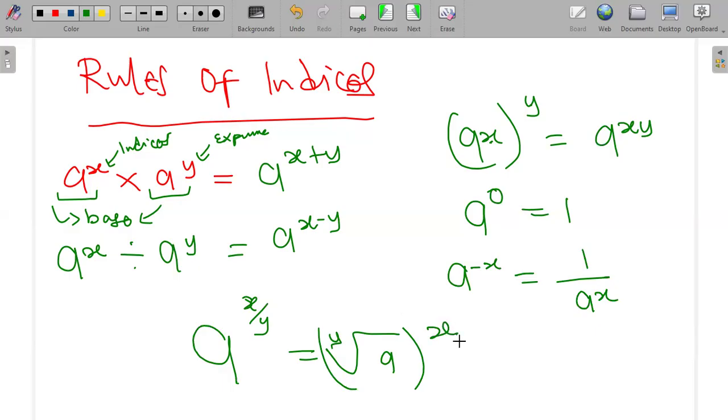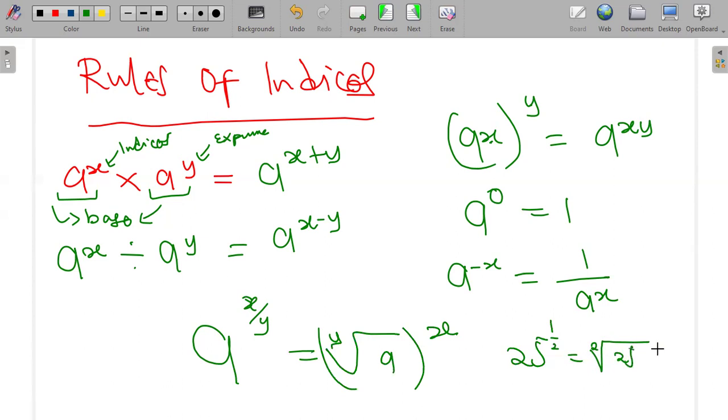A good example of this is 25 to the power half. The number in the bottom of the fraction becomes the root, so it will be the second root, or we call it the square root. We don't usually show the 2 there for the square root.